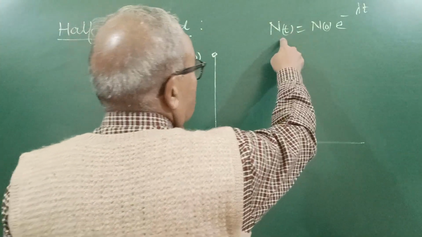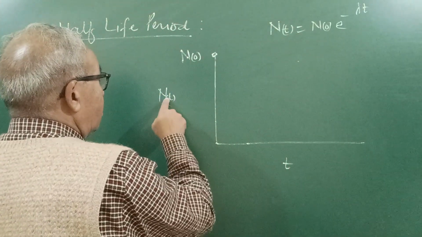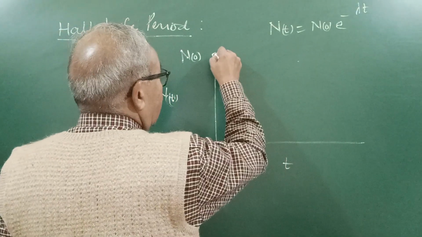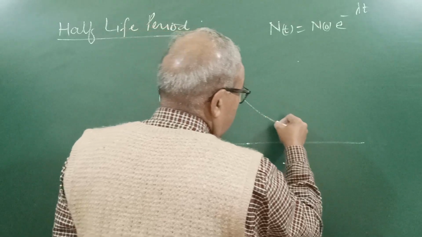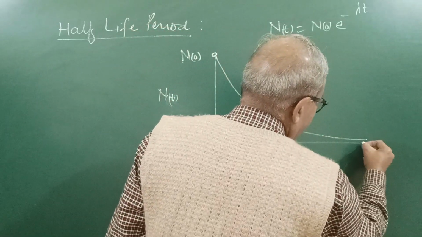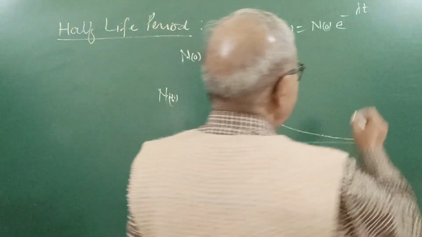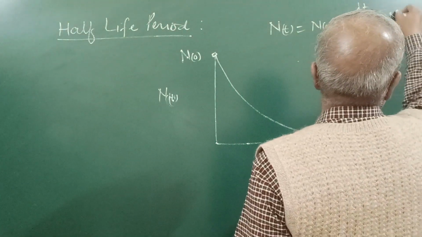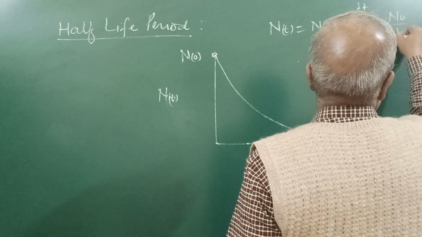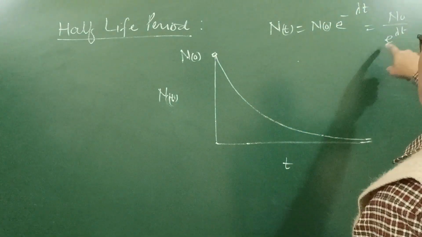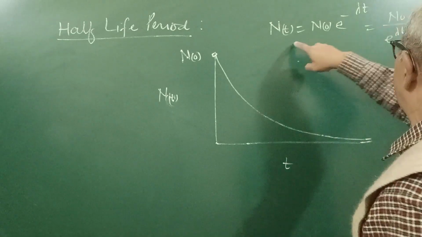This equation shows that the number of radionuclei keeps on decreasing exponentially and becomes 0 at infinite time. We can write it as N0 upon e to the power lambda t, and as t increases, this value increases and N t decreases.